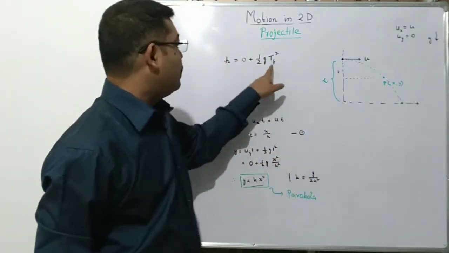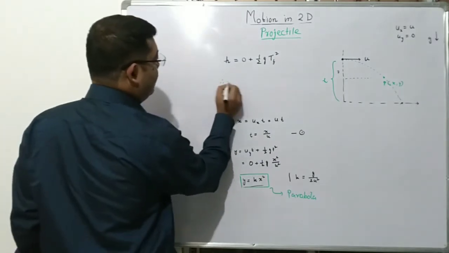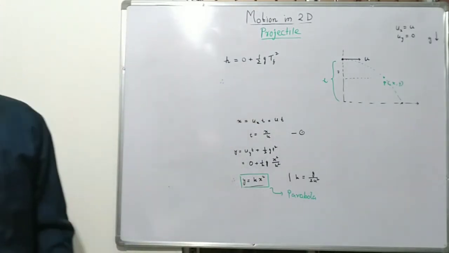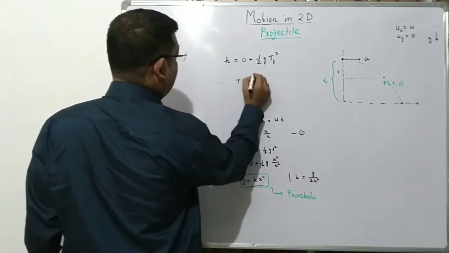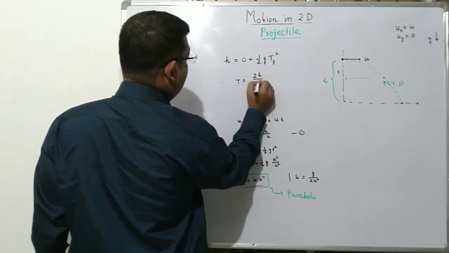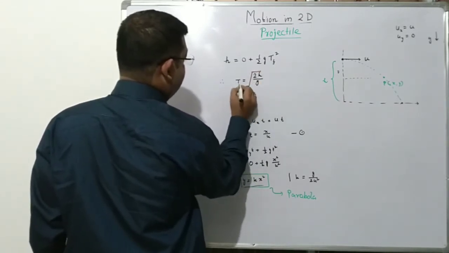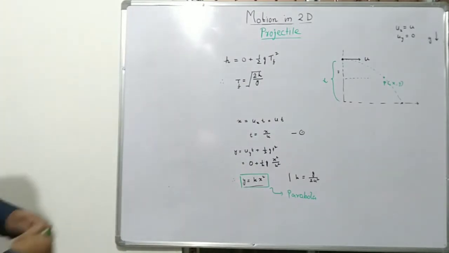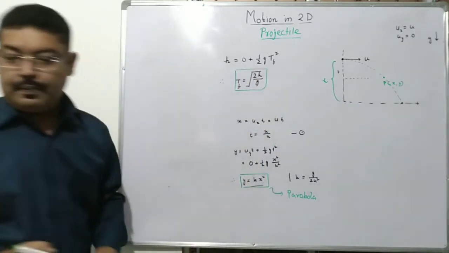So the time of flight of the projectile is given by this. Cross multiplication will give t equals square root of 2h by g. This is another important equation.